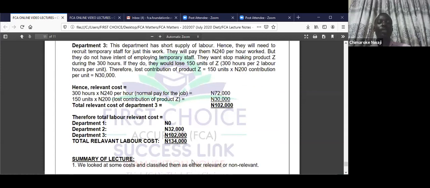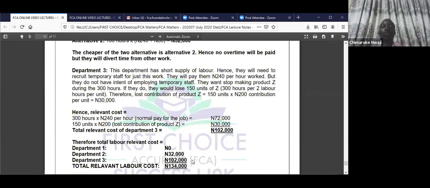Now let's assume that question number 1 and question number 2 are for one question. That they test you on relevant cost of material in part A, relevant cost of labor in part B, and they now tell you to find the total relevant cost.